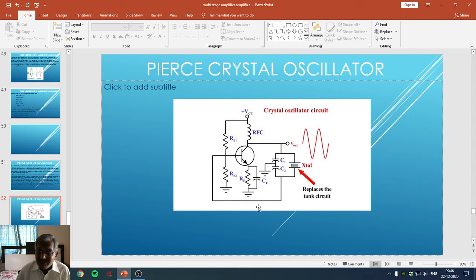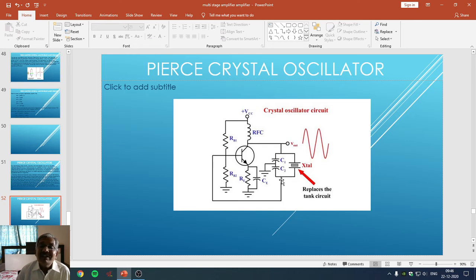To undergo oscillations, as the transistor is used in common emitter configuration, it generates a 180-degree phase shift between its output and its input, whereas the tank circuit generates a 180-degree phase shift. This 180-degree phase shift is added via the feedback path to the input to get the net phase shift as 360 degrees.